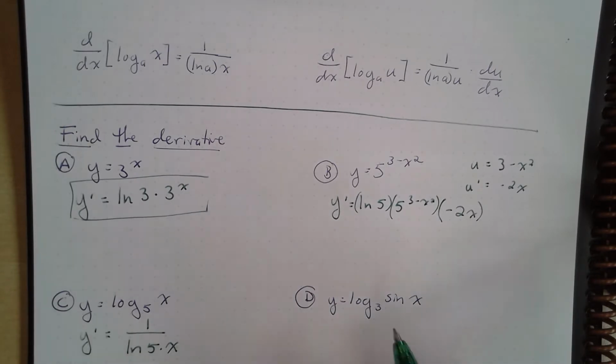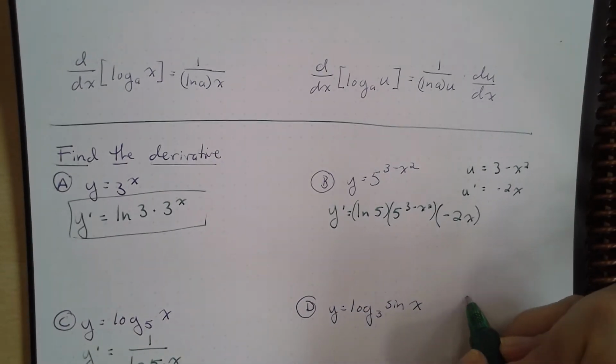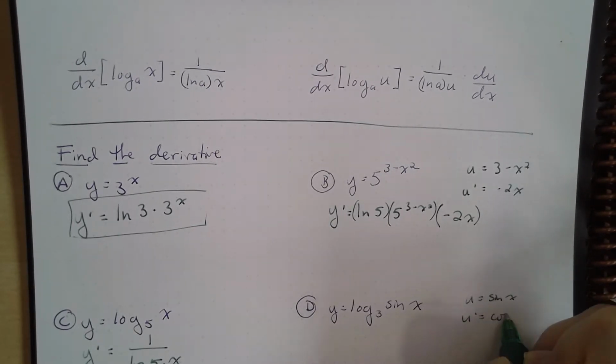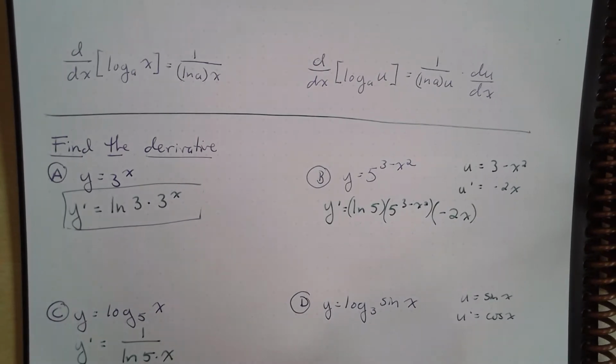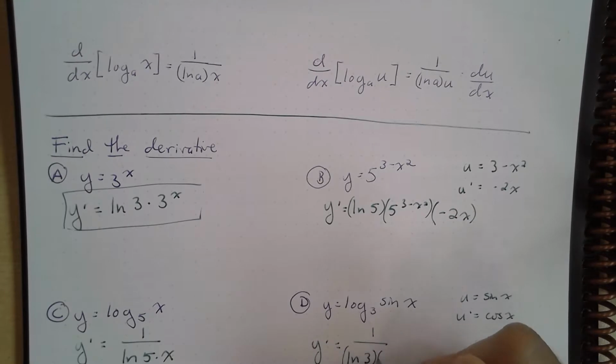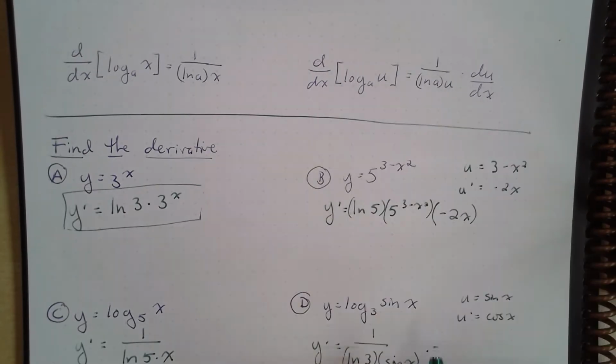And here for part D, we have log base 3 of sine of x. The u here is the sine of x, and we all know that the derivative of sine is cosine of x. So our derivative y prime is going to be equal to 1 over the natural log of 3, because we have base 3, times u, and here u was sine of x, times u prime.